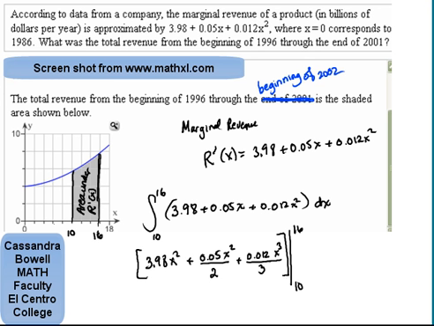So we have to evaluate that at 16, get that number, evaluate it at 10, get that number, and subtract the two. No, it's just supposed to be x. There we go. Make sure you fix that. It's 3.98x. Thank you, Maria. When you anti-differentiate, the power goes up by 1.